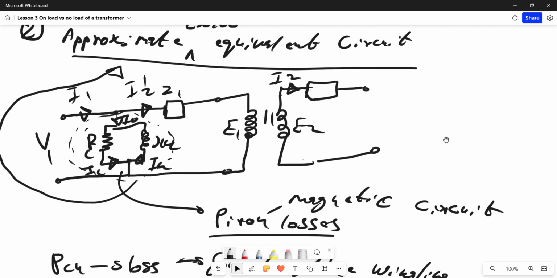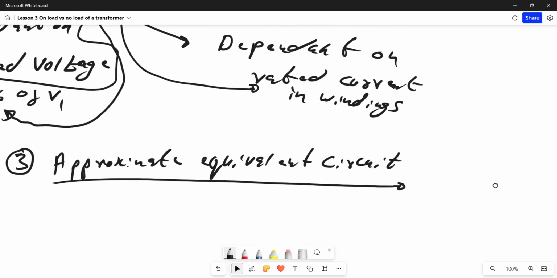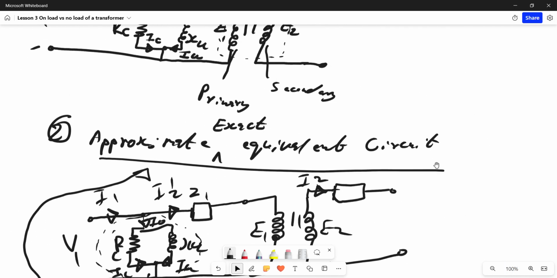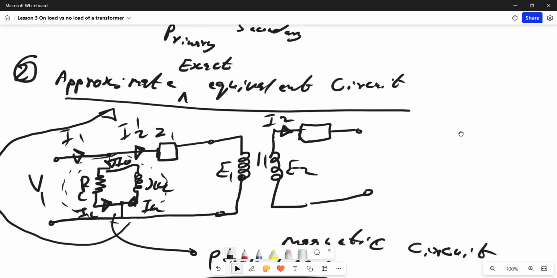The rated voltage under short circuit test is 10%, which is too small, so the iron losses will be too small to matter. If they are that small, we assume that the magnetic branch does not exist. That's the first condition. The second condition is that we also assume that the no load current is a small fraction of the full load current.